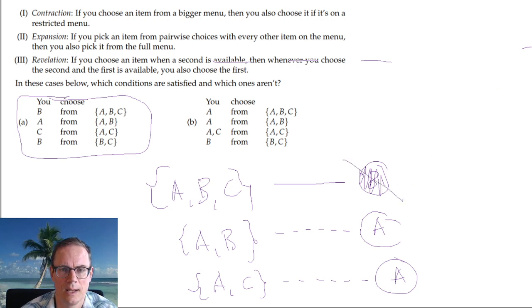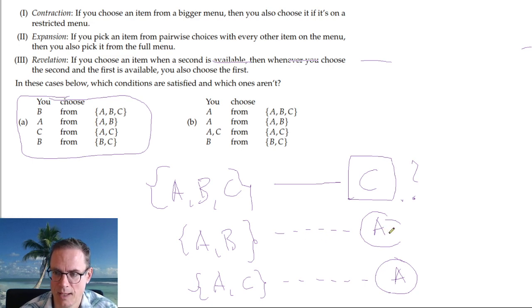And then I suddenly don't pick A in the full menu. I pick C, say here. That would be weird, because here I'm saying that A can beat B, A can beat C, but suddenly when A is up against B and C at the same time, it no longer beats C. That would be very weird.